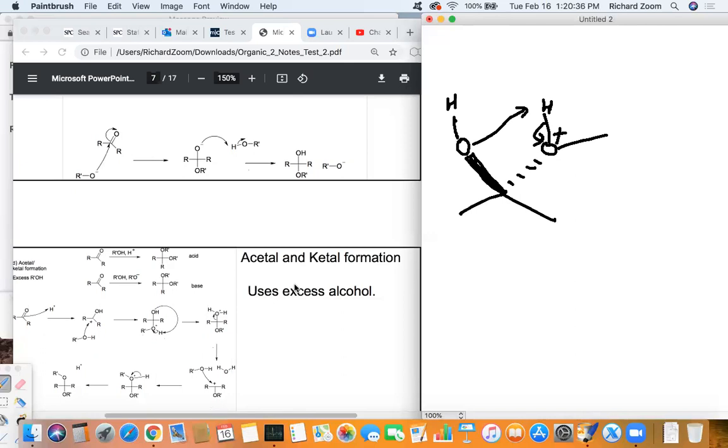Whenever I'm asking a question that requires a mechanism, I always give you the reactant and the product. If it's a bonus question, then you have to come up with the mechanism without the product. Okay. Thank you. You're welcome. Does anybody have any other questions?